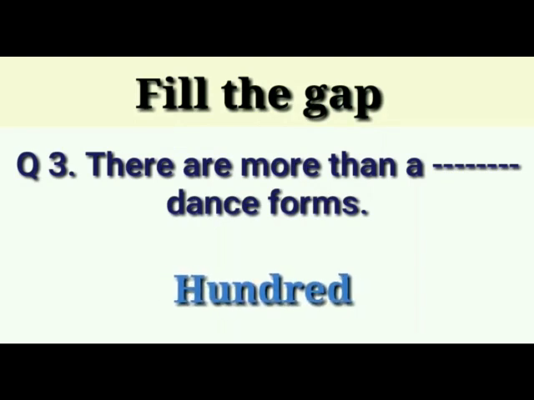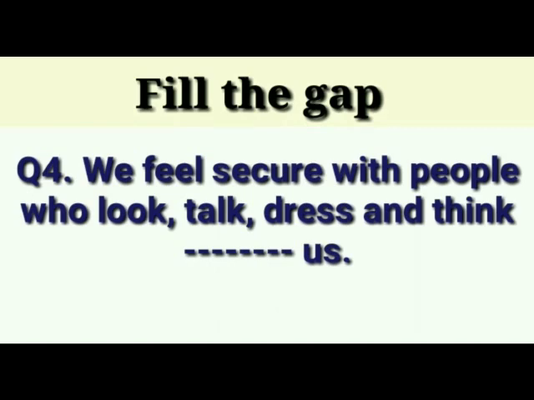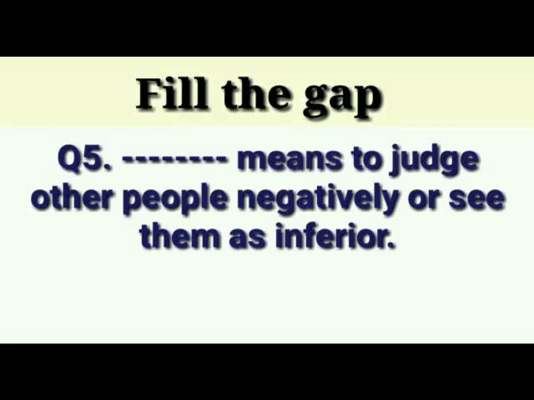Answer is 100. More than 100 dance forms are there. Next question is we feel secure with people who look, talk, dress and think dash us. Answer is like. Who like us.